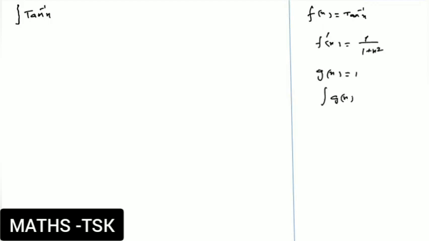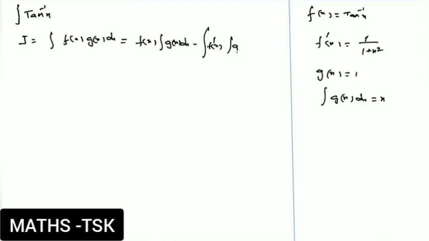Integration of g of x dx is x. So if you consider the formula I is equal to integration of f of x into g of x into dx is equal to f of x integration of g of x dx minus integration of f dash of x into integration of g of x dx into whole dx, right?